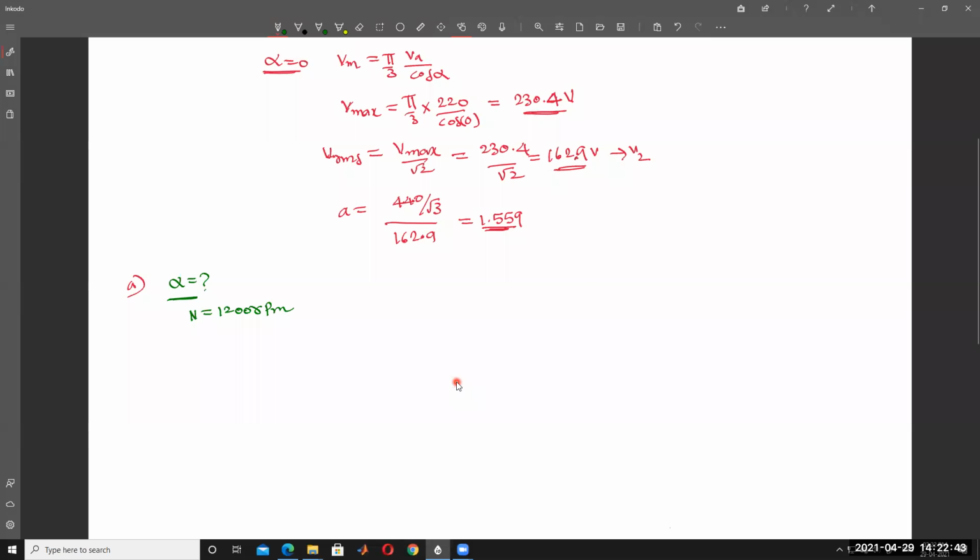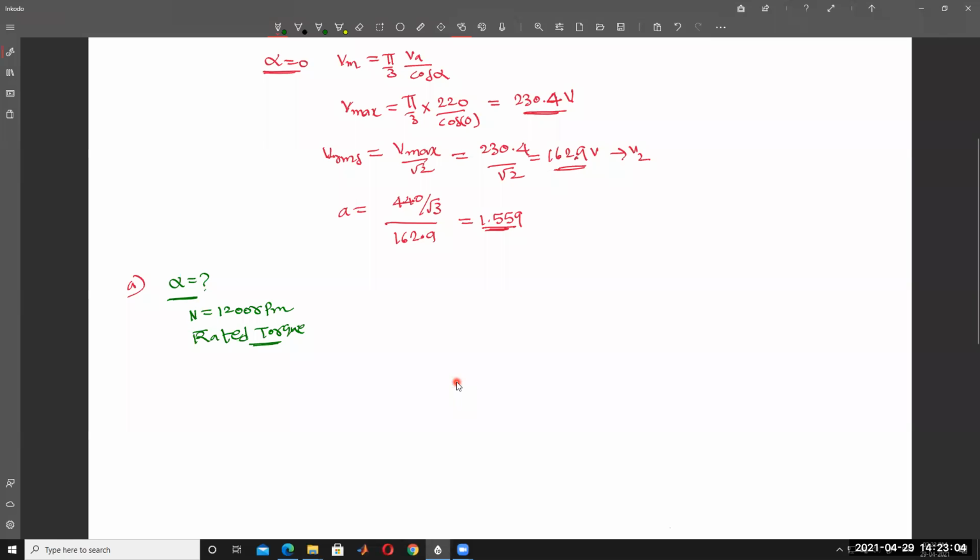Rated torque, that means, well, torque and armature current are related. Indirectly, rated torque means rated armature current.